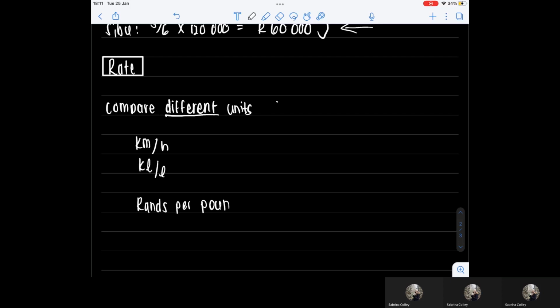We can get 20 rand per 1 pound or something like that. We also say percentage per annum. So we're comparing the percentage with regards to the year, right? Okay, so let's have a look at an example of how we do this.